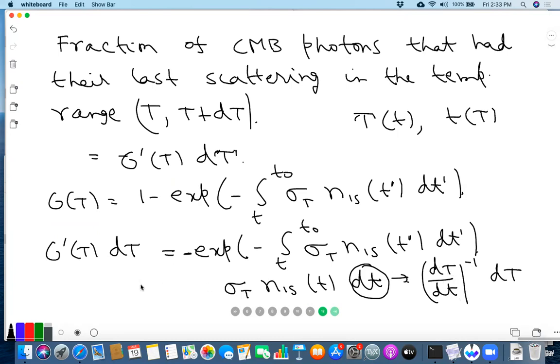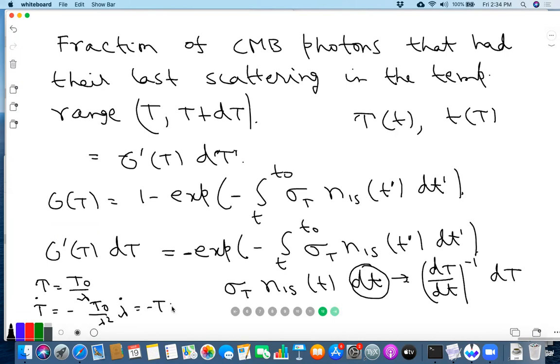And this one is, let's do this. So T is T naught over lambda, right? So T dot is minus T naught over lambda squared times lambda dot.